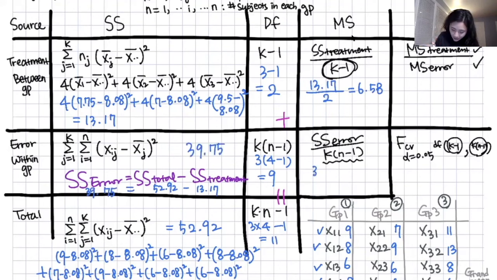So 39.75 divided by 9 is 4.42. My F value is the mean square treatment 6.58 divided by 4.42, which is 1.49.